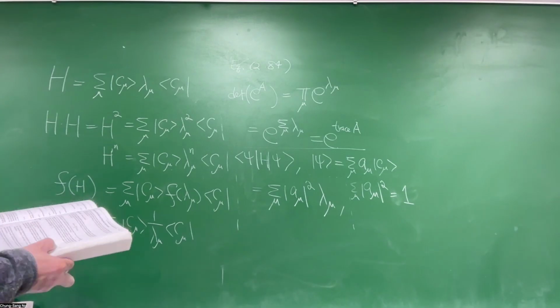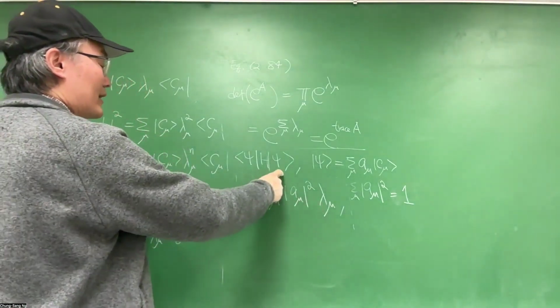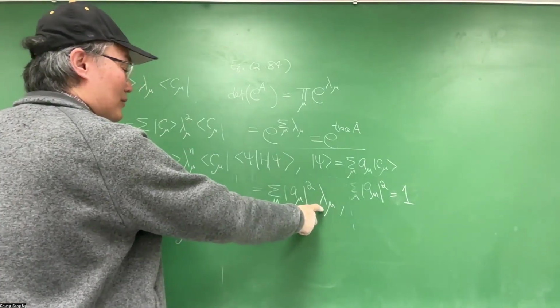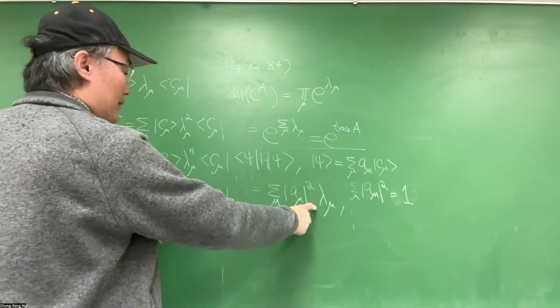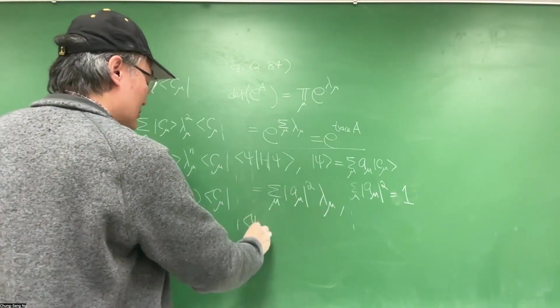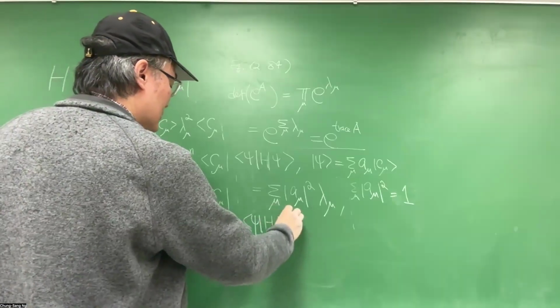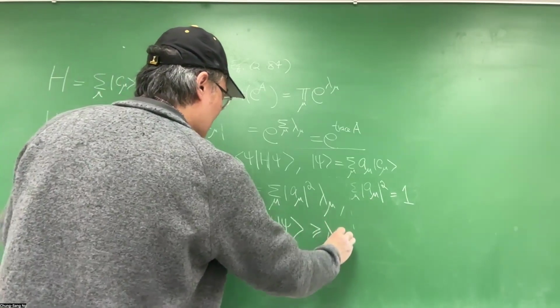And there are some implications. Say if lambda has either a maximum or minimum, you can say that if it has a minimum, the expectation value must be greater than the lambda minimum.